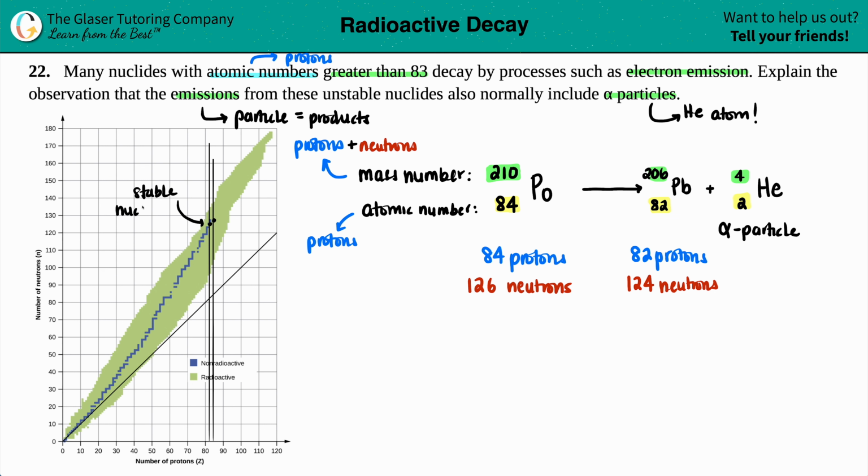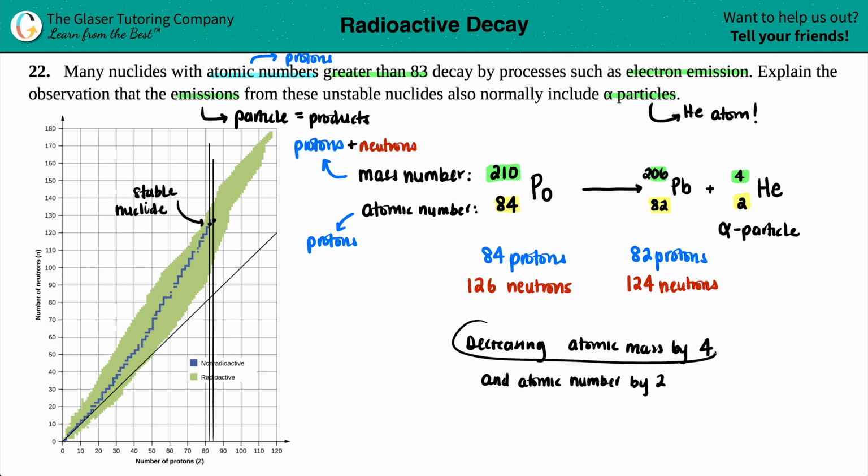Now, the one other thing is that you are decreasing your atomic mass by 4, because the 4 goes to the helium, and the atomic number by 2, because the 2 goes to the helium as well.